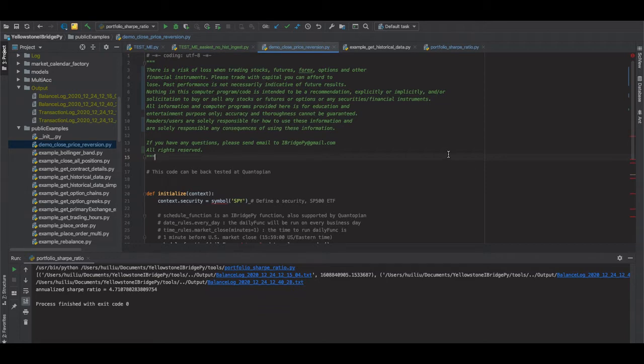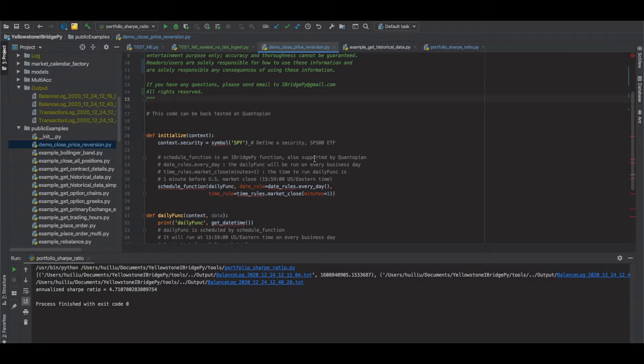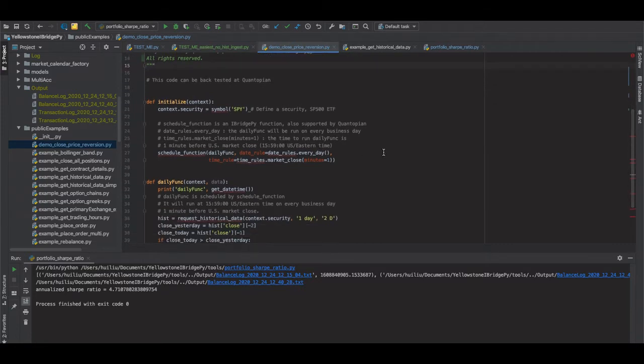First, I would like to talk about the strategy we're going to backtest. This strategy is called close price reversion, and it is very simple.